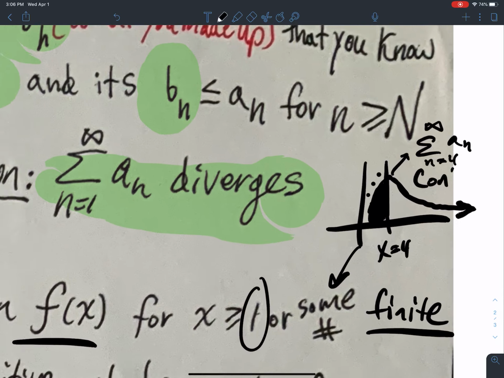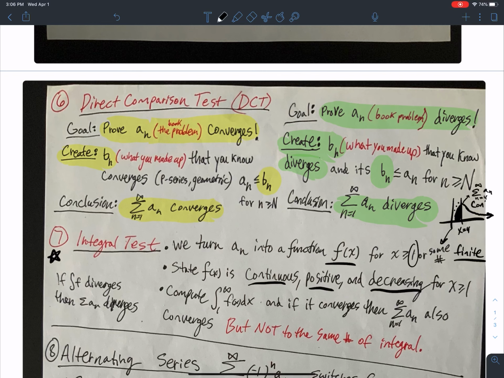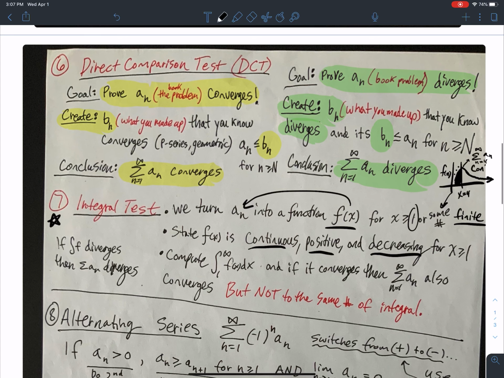If you're adding up a finite list of numbers, and none of those are infinite, those outputs of your f of n's, remember we're making a function that represents these a_n's, then you know the sum's going to be finite anyway, just from basic arithmetic. So what does this say? The only time you can use the integral test is if you can show that f of x is continuous, positive, and decreasing. That's a lot to prove, so that's why I try to stay away from it unless it's absolutely necessary to use it.